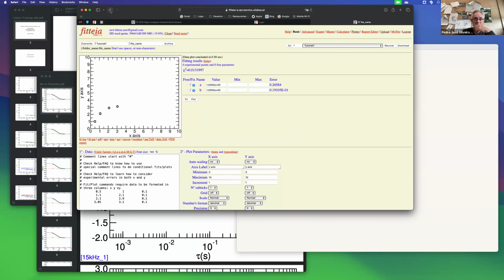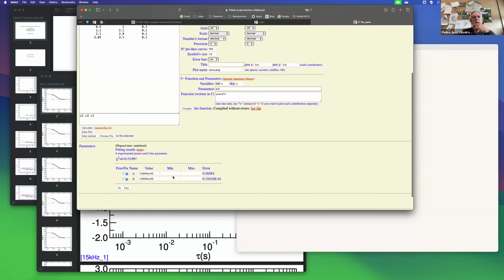You can, let's go back, you can instead fit or plot. Well, fit, I think you can anticipate what we'll do. And what about plot? Probably you can anticipate what we will do as well.